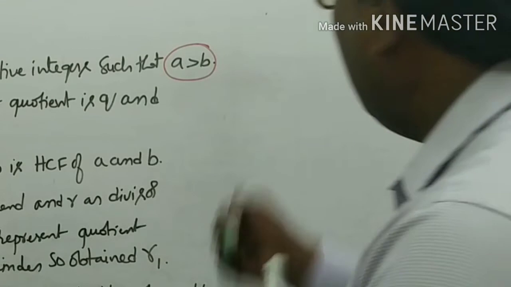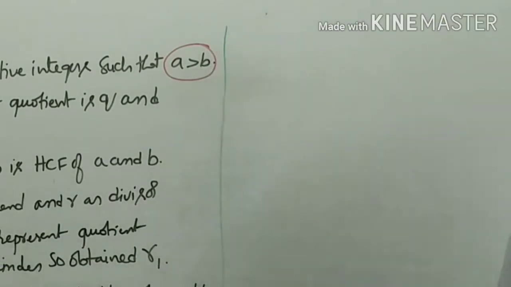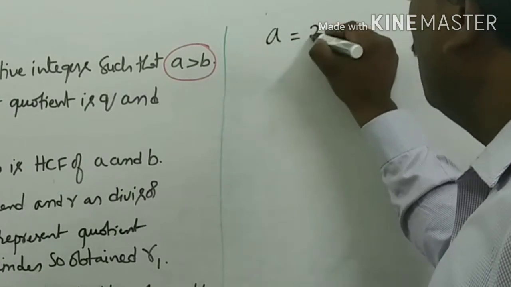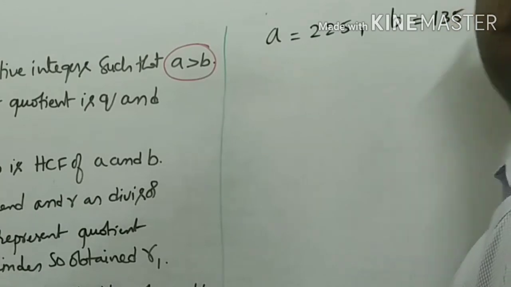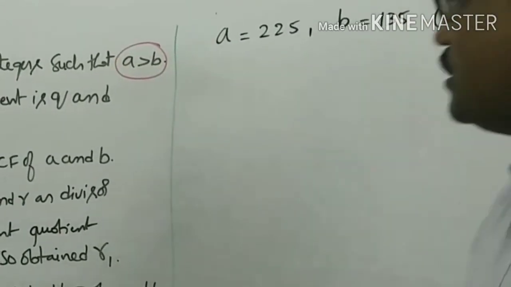As I follow these steps, I am doing one example. Let A equal 225 and B equal 135, such that A is greater than B. Two distinct positive numbers.